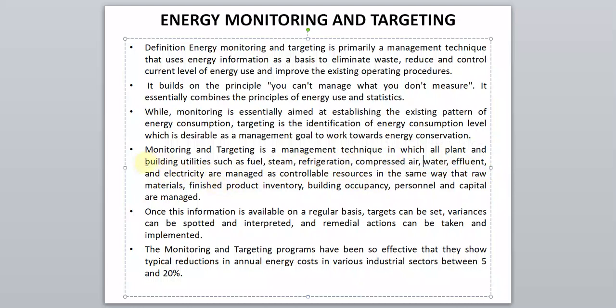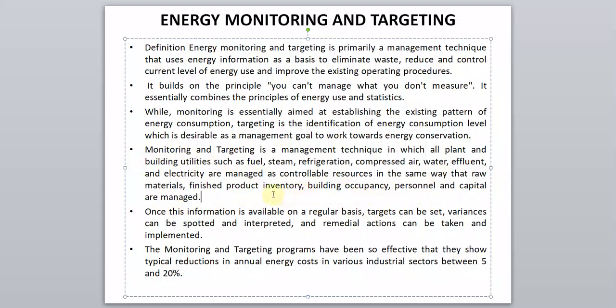The next is building utilities, which are raw materials, then finished product inventory, then building occupancy, then personnel and capital. Personnel and capital are financial terms. Both are important in monitoring and targeting, meaning building and plant utilities both.